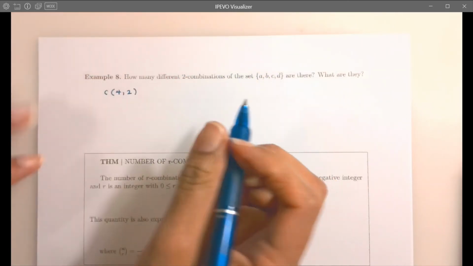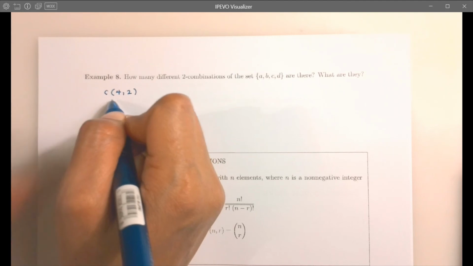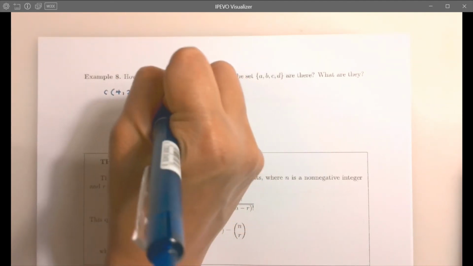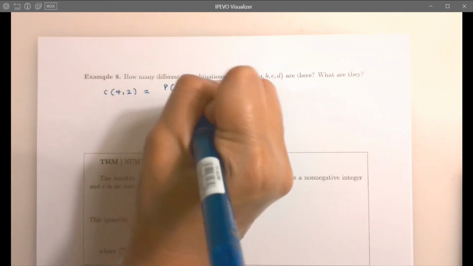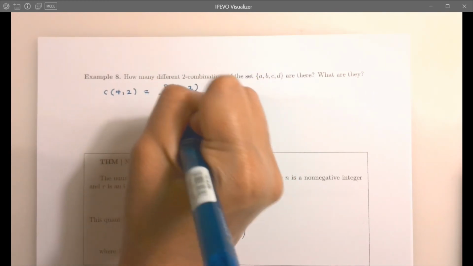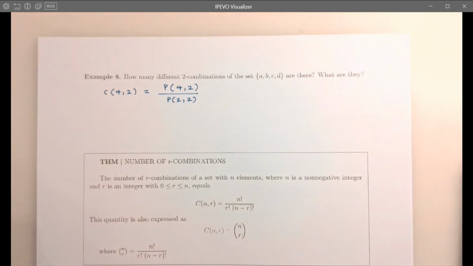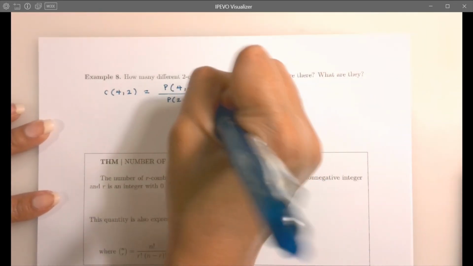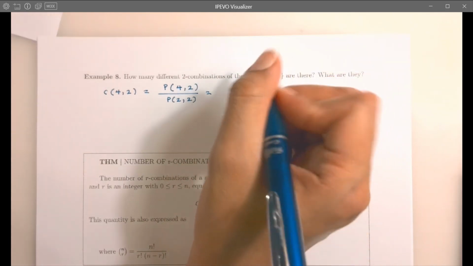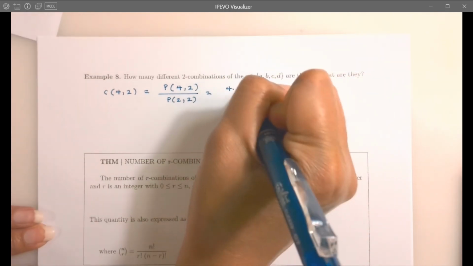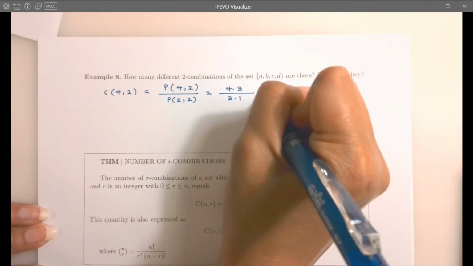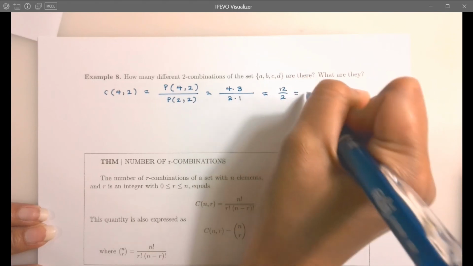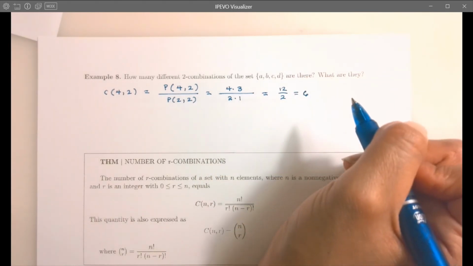So we're going to choose 2 out of the 4, which is the same as taking the 2 permutations out of 4 and dividing by the 2 permutations out of 2, or the number of ways to permute 2 elements. And this we saw is 4 times 3 divided by 2 times 1, or in other words, 12 over 2, which is 6.